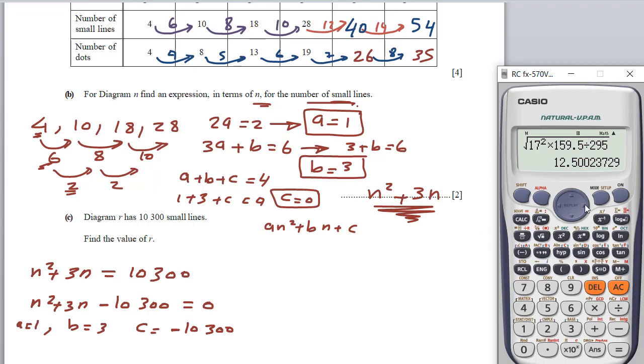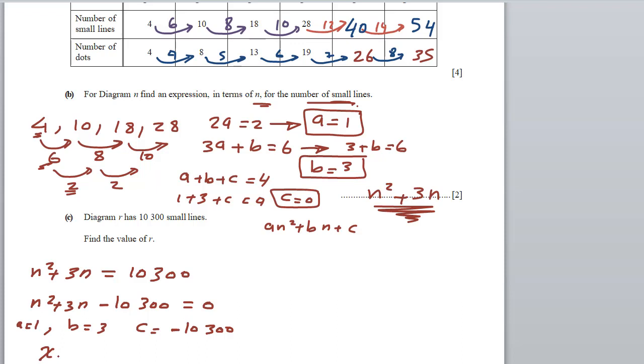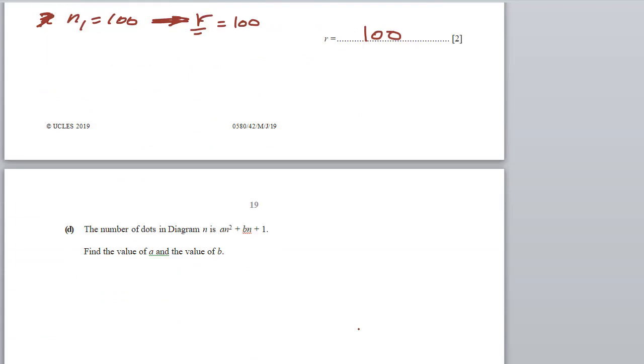So let us bring our calculator. Equation, which is 5, and then 3, 1, enter, 3, enter, minus 10,300. So x1 is equal to 100, and n is equal to 100, which represents R. So R is equal to 100. Okay.